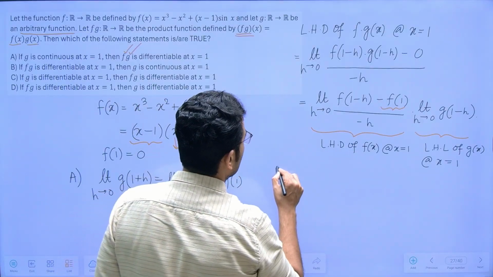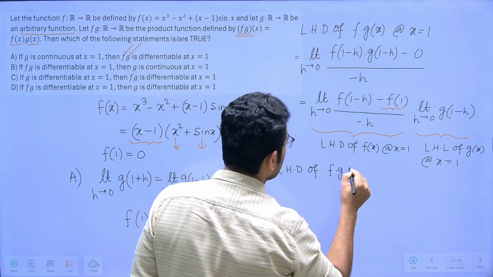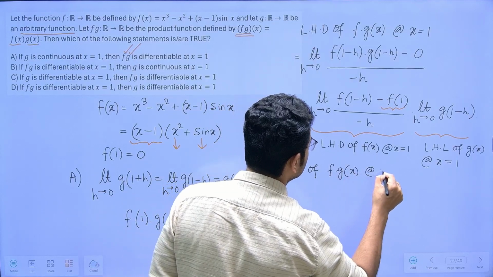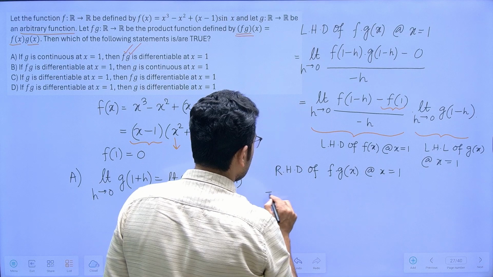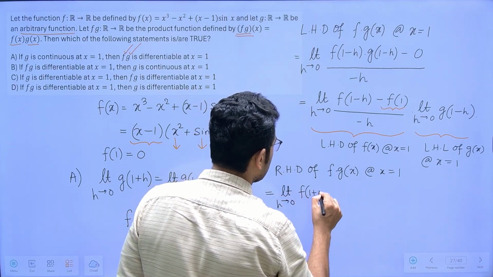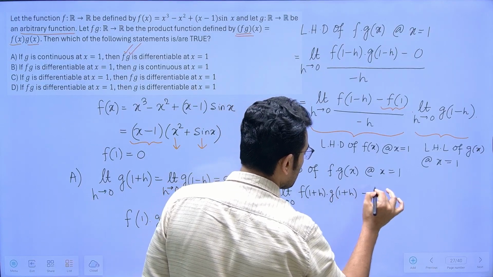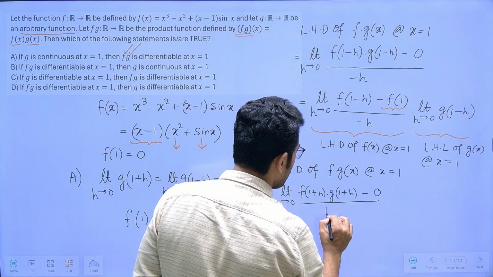And if we go for RHD of the product function f into g(x) at x equal to 1, that will be limit h tends to 0, f of 1 plus h into g of 1 plus h minus function value at 1, which is 0, divided by h.